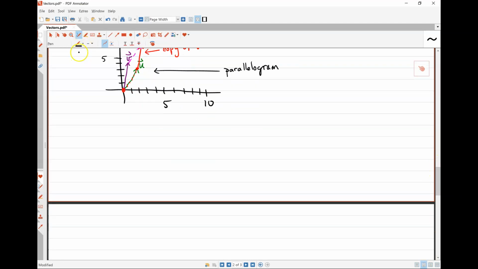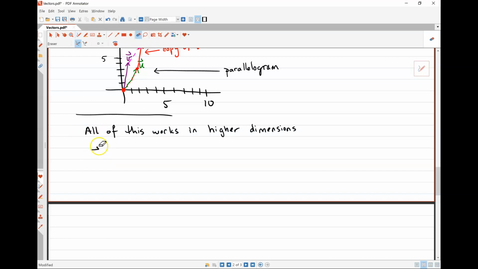Maybe just one more word about these operations, all of the ones that we've talked about so far, and that is that everything works in higher dimensions. So if I have a vector w, say, that's supposed to be in three-dimensional space, instead of having two components, we'll have three components. When I draw a picture, I'm going to have to draw it in 3 dimensions.